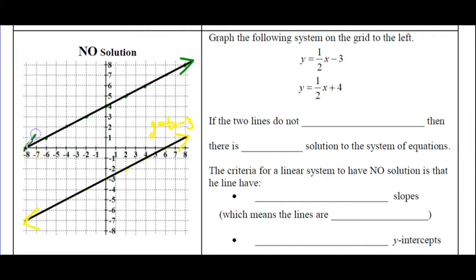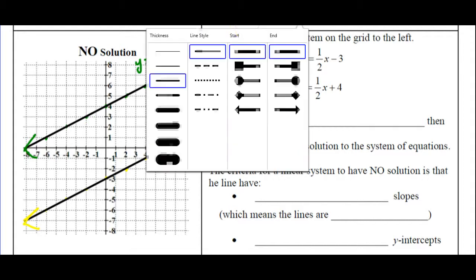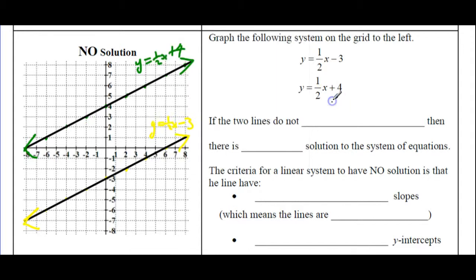Now, what kind of lines are these? Well, we know because they have the same slope, these lines are parallel lines. If the two lines do not intersect, okay, so parallel lines won't intersect. They're not going to cross each other. So then there is no solution to the system.